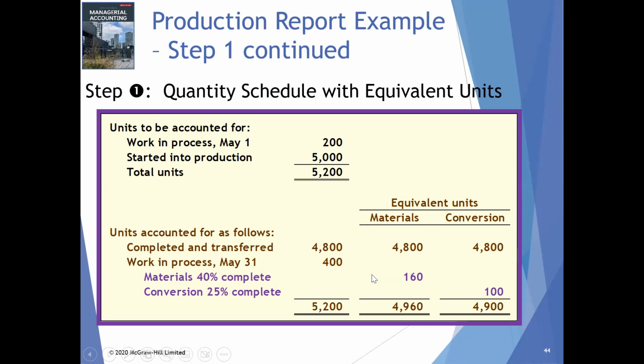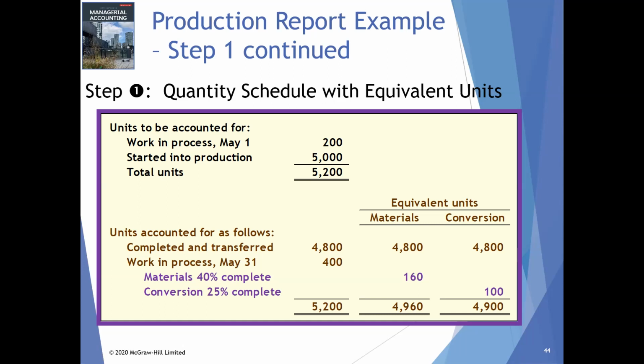What is the meaning of this? It means the 400 units are also in progress and not finished. But we can say 40% of the material is required and 60% remains, and 25% of the conversion cost has been incurred, so 75% of that is still remaining, right?